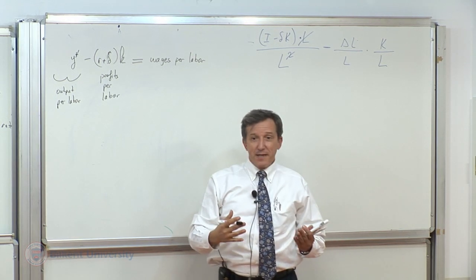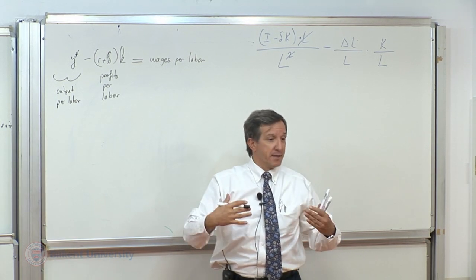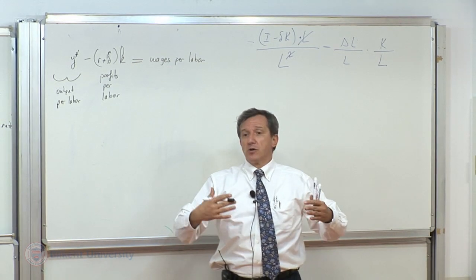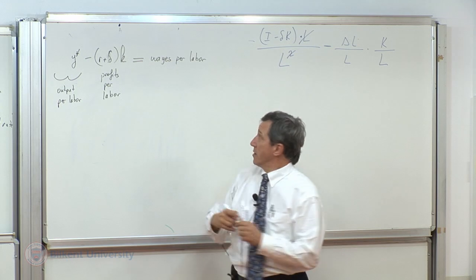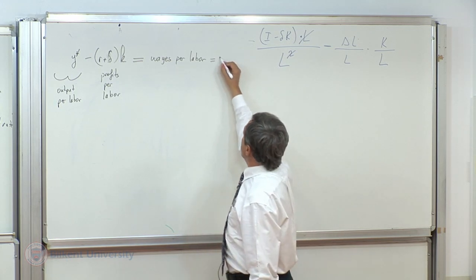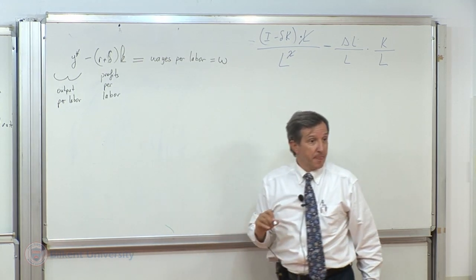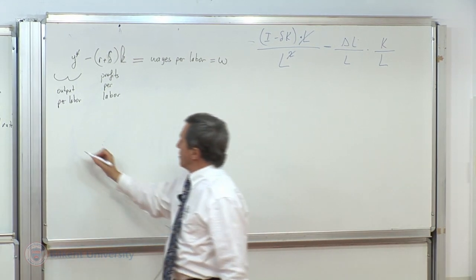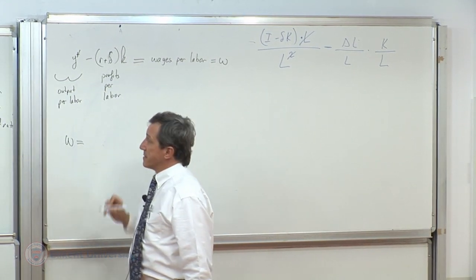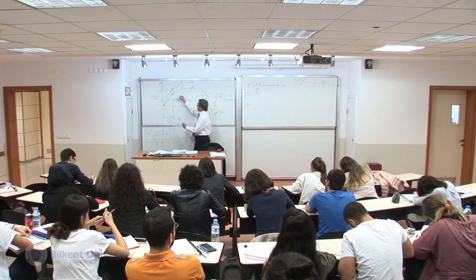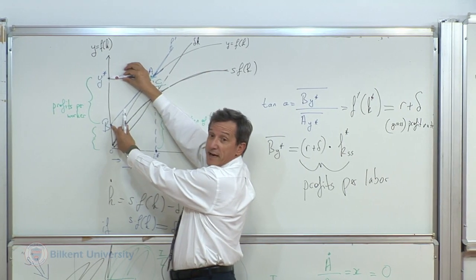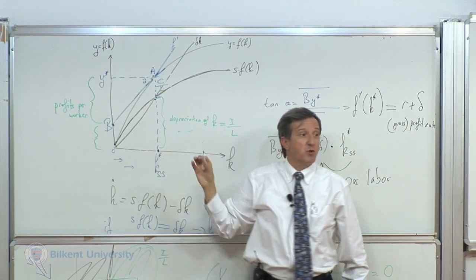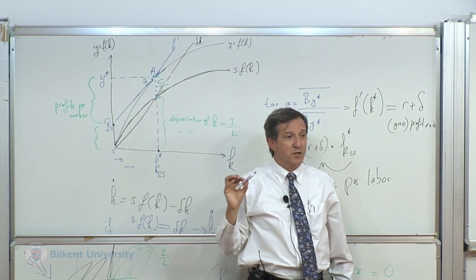Wages per worker means the wage rate. Just like total profits per capital is profit rate. And I use the symbol W for it. So W is output per labor minus profits per labor. Can you write me what is output per labor in functional terms in algebra?